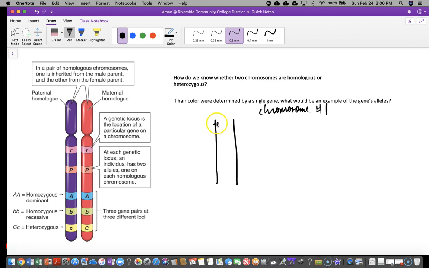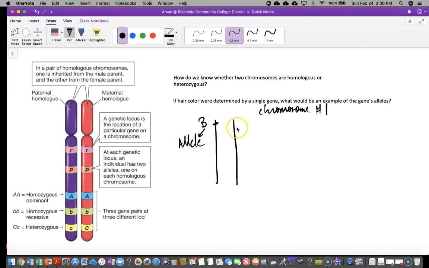So this gene right here is responsible for giving you your brown eye color. We're going to call that, let's say, capital B. We're going to denote each gene by a letter, and this version is called an allele.